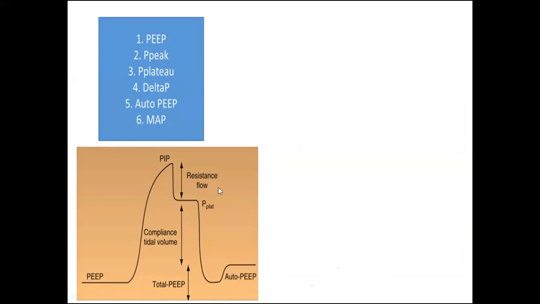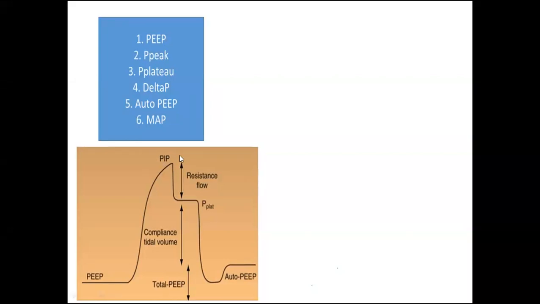Once you remove the resistance, what is the pressure needed? The rest of the pressure is the P plateau, and it's mainly needed for distending the alveoli. Alveolar distending pressure, it's almost similar to transpulmonary pressure. It's not exactly like that, but if you see in the previous mechanics, that's what we can tell.